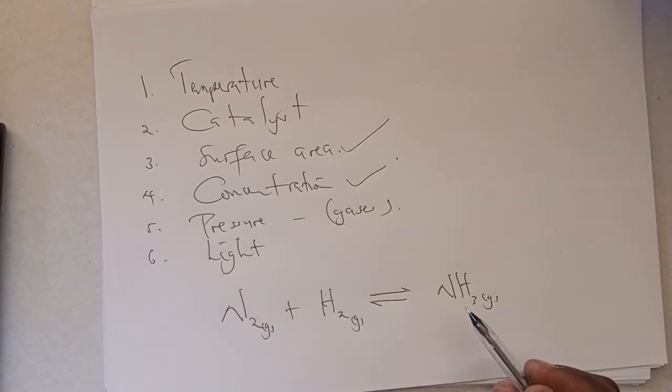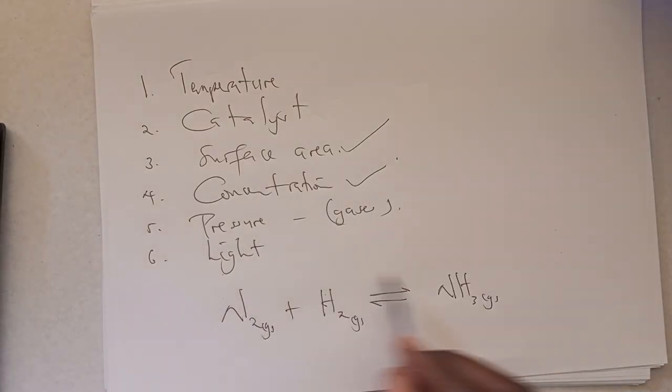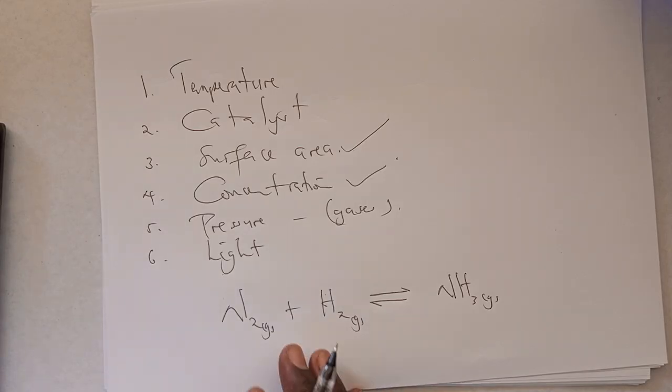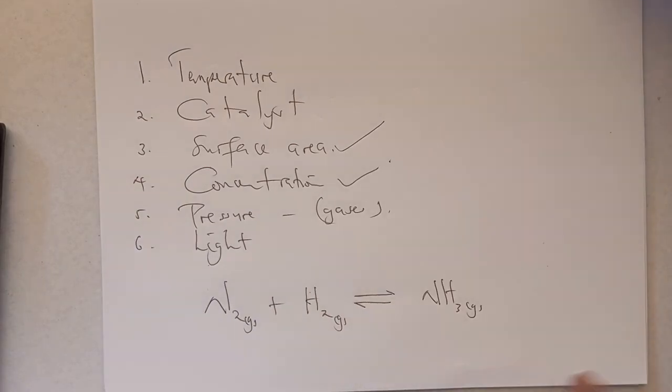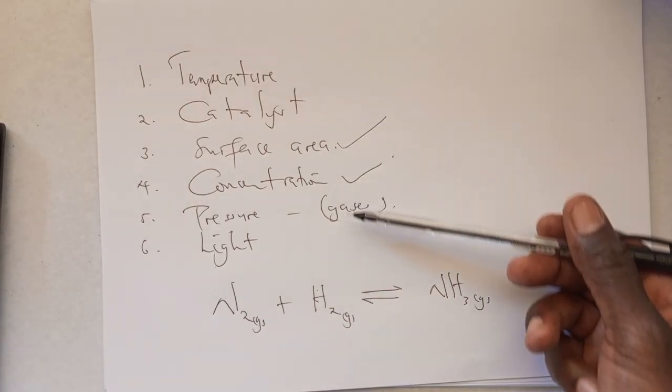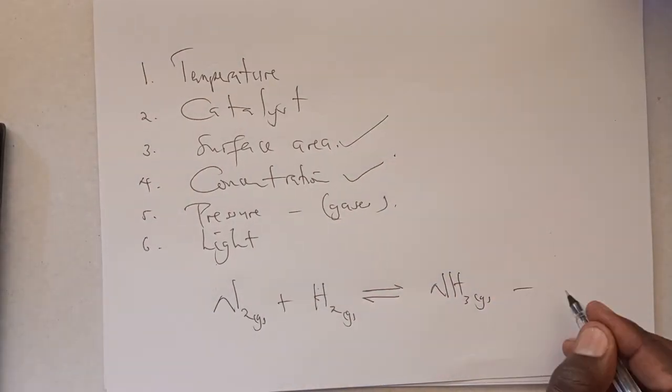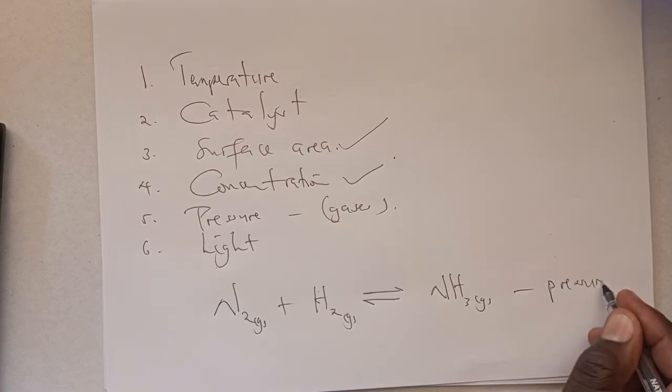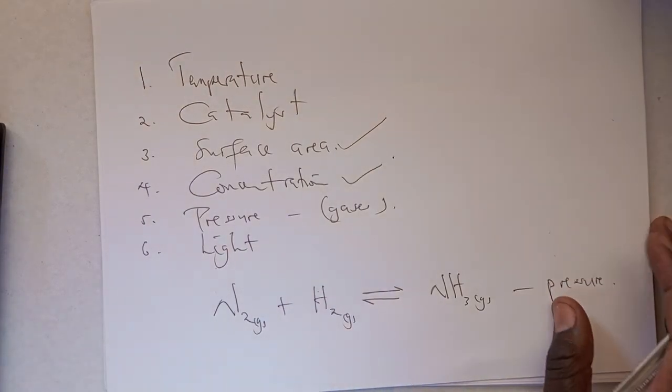Now, of course, you know this is the Haber process, but you need to think outside the box. So what else can you do? Remember, look at the factor which is only applicable to gases. So for this one, it is pressure. Okay, that is how you approach this question.